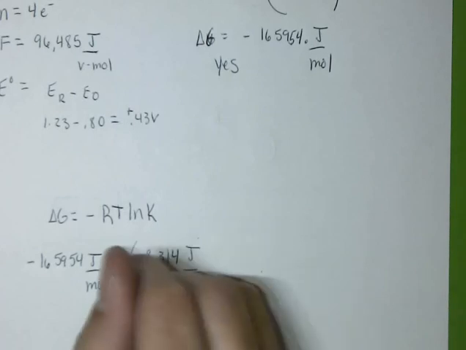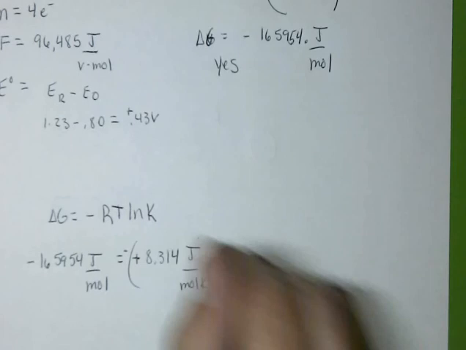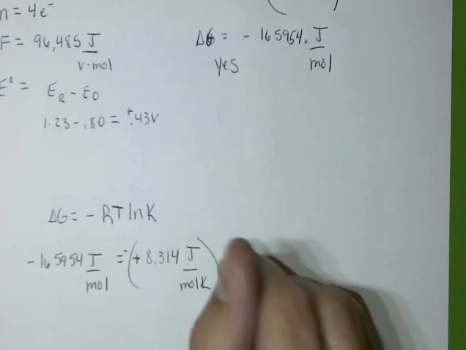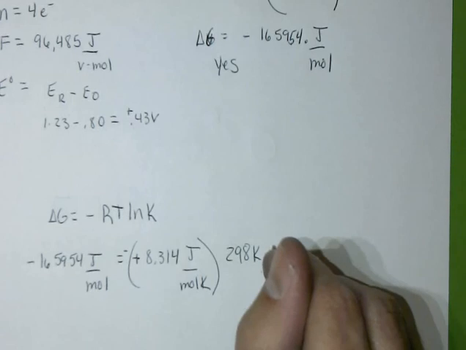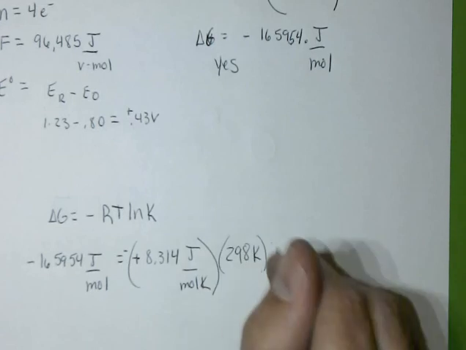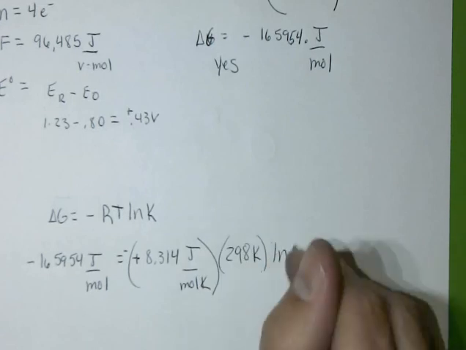Keep the negative outside of that. And then the absolute temperature, they told us it was standard conditions, so that's 298 K, times the natural log of the equilibrium constant.